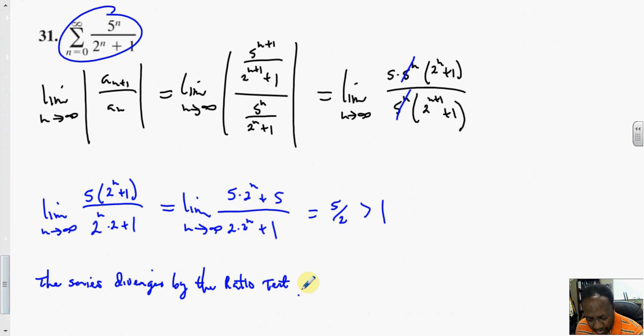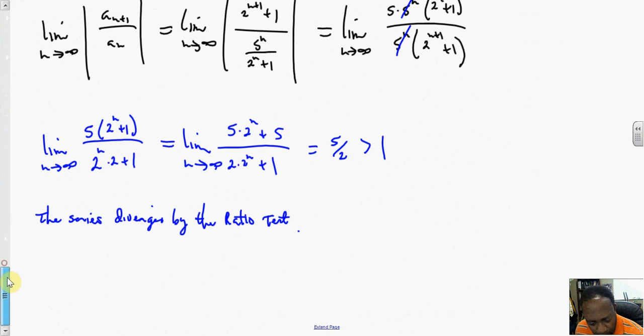Are you asking how did I get directly and so readily 5 over 2? Well, here's the long way. When you have a limit like this and it's a ratio, take the biggest term and divide each term by the biggest term.